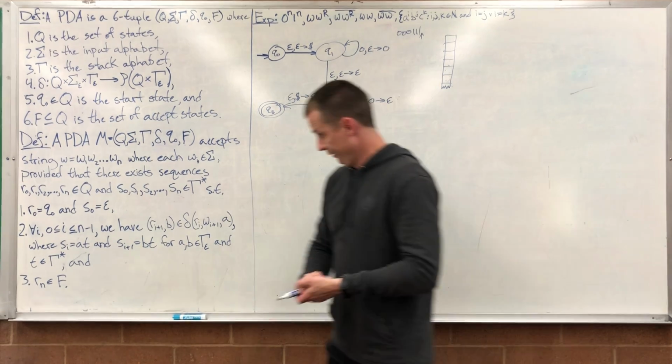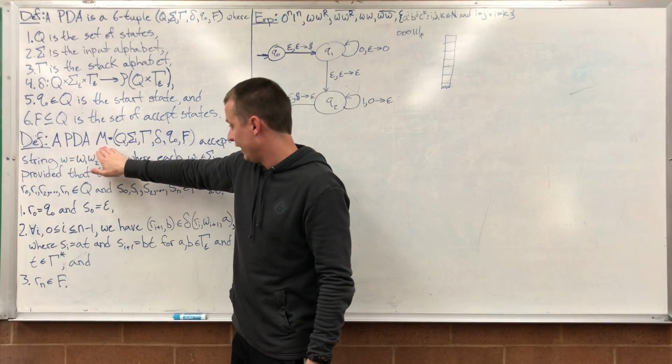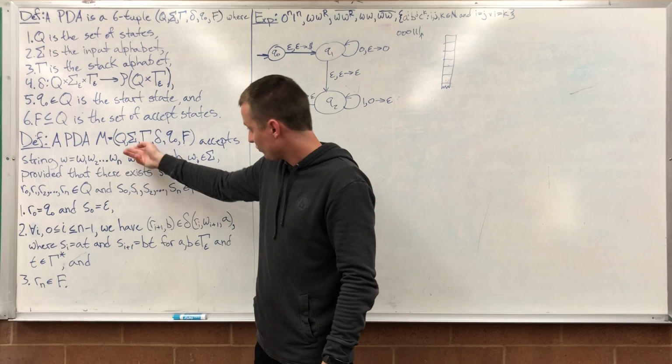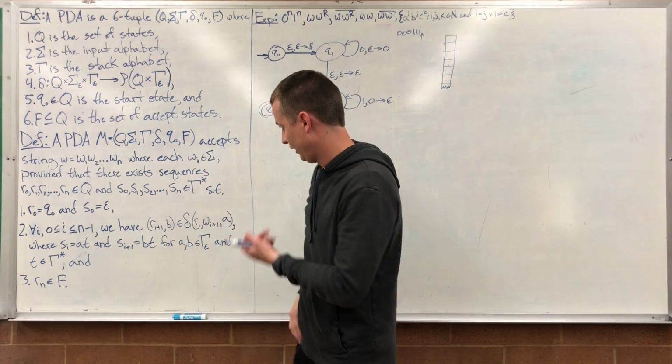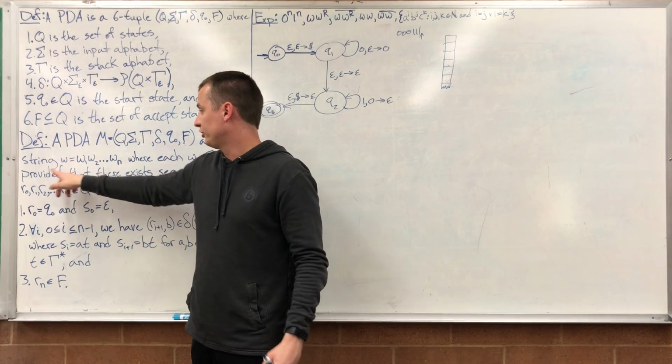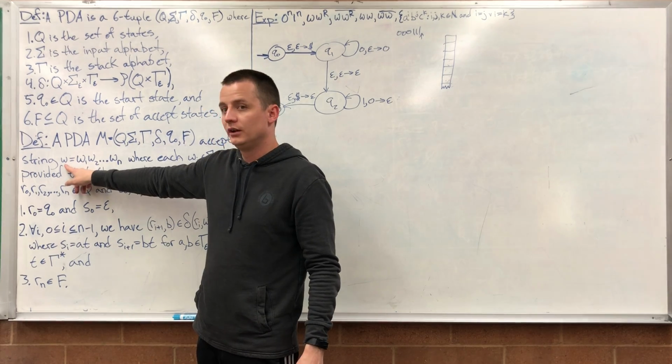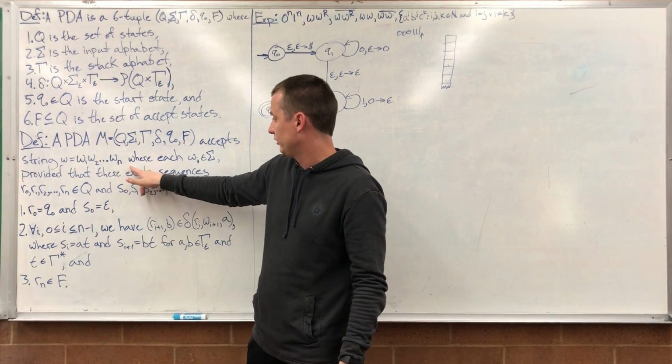Okay, so now a PDA M equal to Q, sigma, tau, delta, Q0, F accepts the string W, where W has n characters.